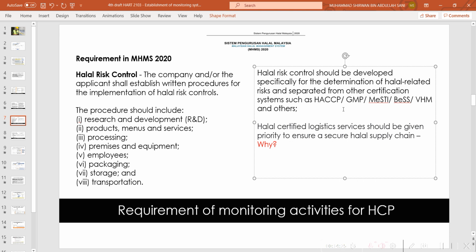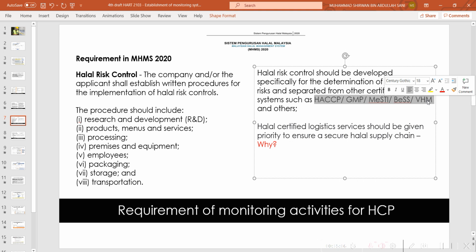So for this company, since they have the other certification, the way of monitoring contamination is already established in this specific certification. However, in this requirement for halal, even though the company already has a monitoring mechanism according to the previous certification, they are also required to have monitoring activities or mechanism for halal assurance system. All right, so it should be separated.